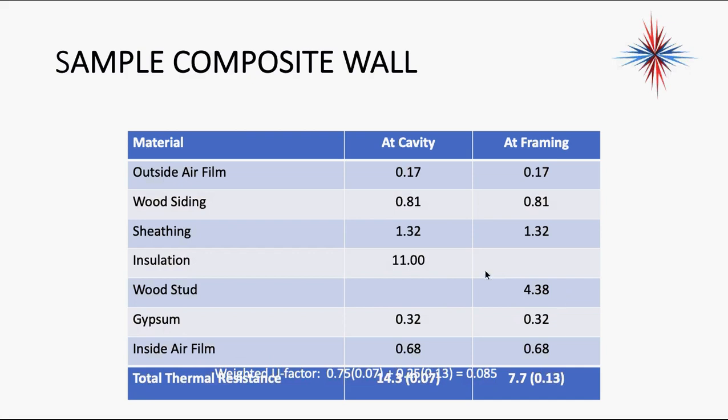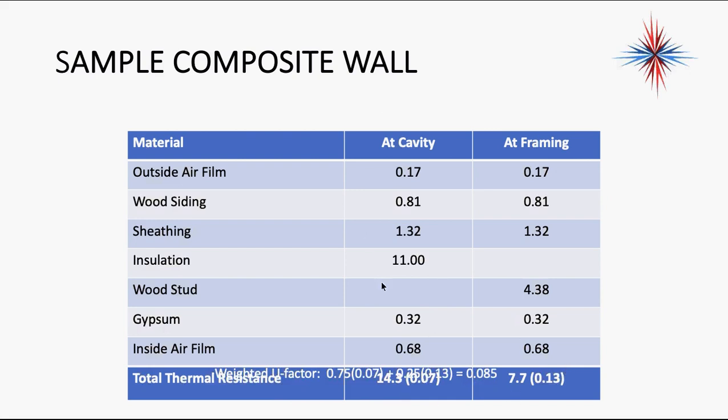Then we have a wood frame. Then we have insulation. Then we have sheathing. Then we might have wood siding. And then, believe it or not, there's a little air film that develops on the outside of the wall as well. All of that is our wall added together. So you add it all up, you find our total thermal resistance, that's our R value, is 14.3.